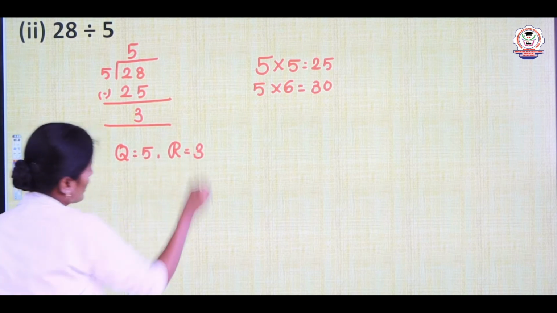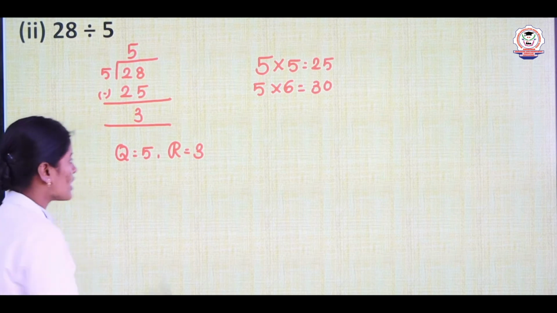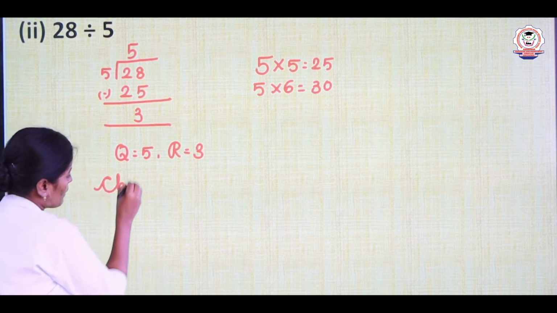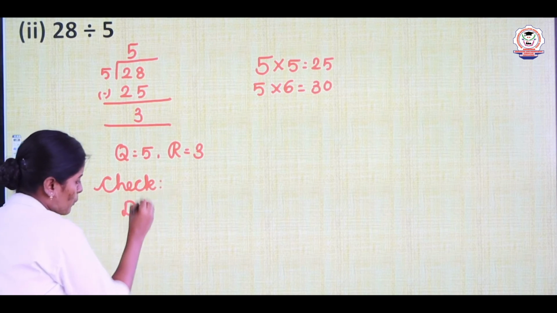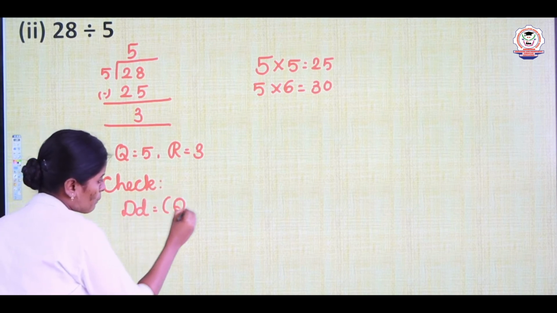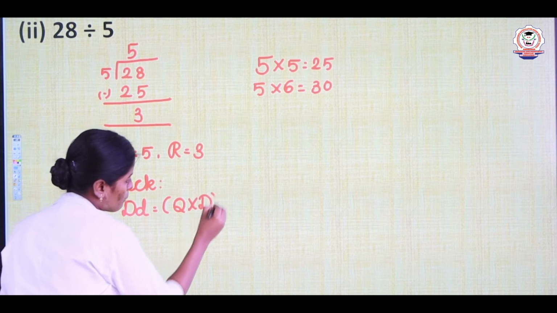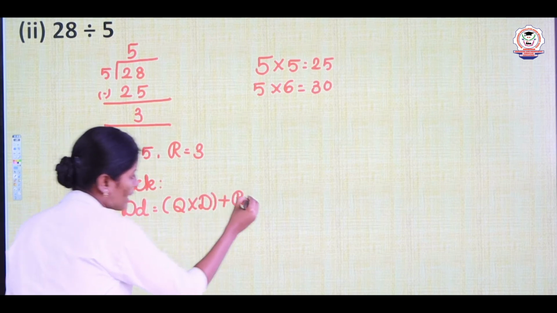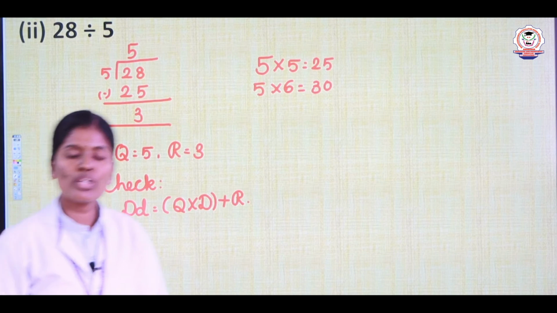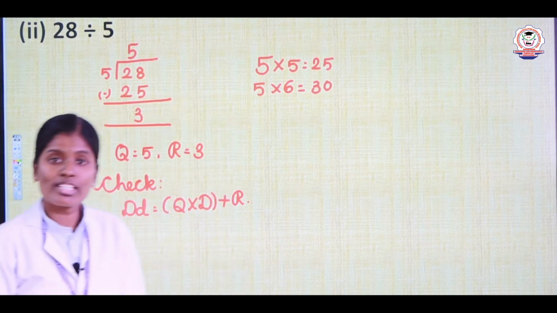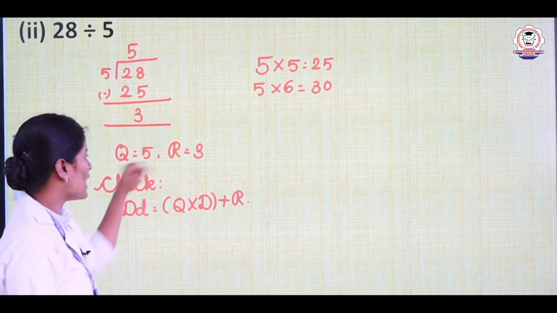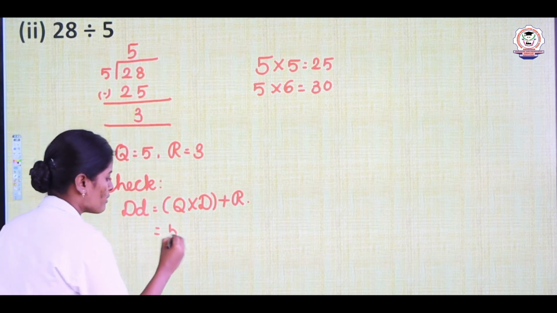Now we are going to write the checking division formula. Checking division formula: dividend equal to quotient multiplied by divisor plus remainder. So here what is the quotient value? Yes, very good. 5 is the quotient value.